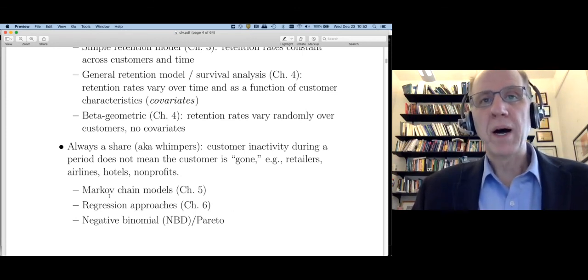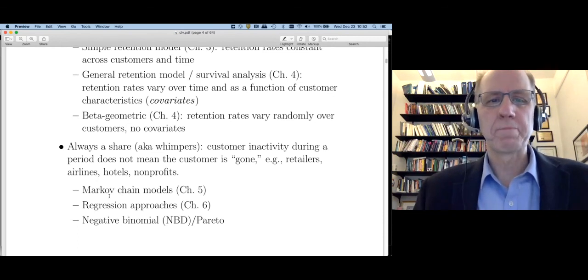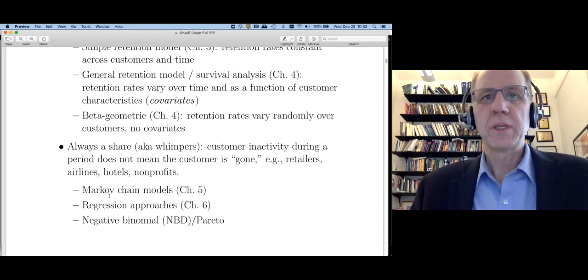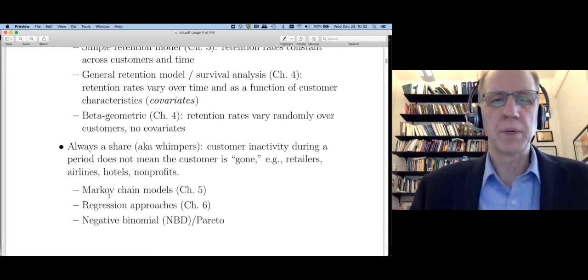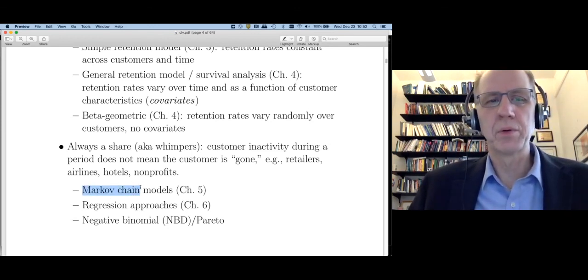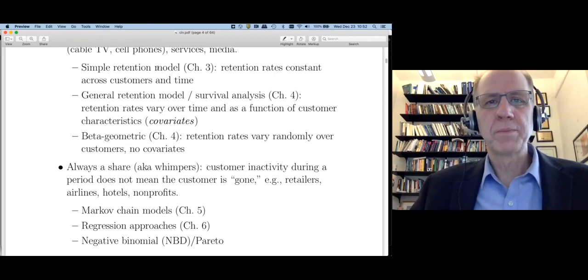So if I don't buy from LL Bean this month, that doesn't mean I'll never buy again. If I don't fly with American Airlines this month, that doesn't mean I'll never fly again. It just means that I'm not traveling this month. We're going to talk about one approach, which is the Markov chain model approach for handling this situation. So in my next video, we'll talk about the simple retention model.